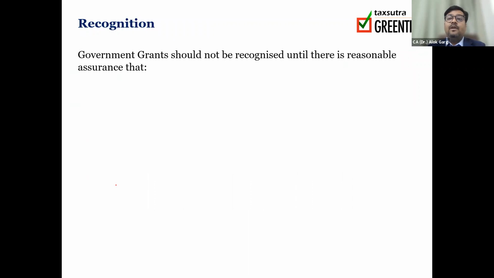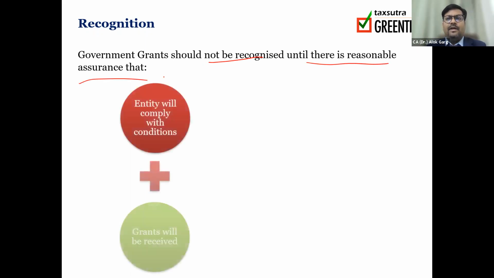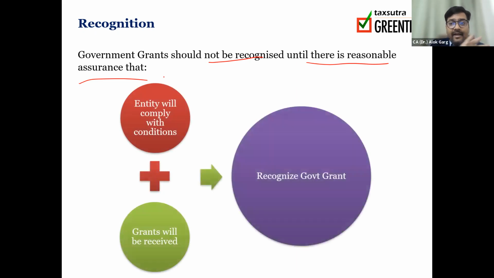Recognition, sir. When will the grant received from the government be recognized? Is it recognized when the money has actually been received, or can it be recognized even though the money has not been received? So the answer is government grant should not be recognized until there is a reasonable assurance. So it is a reverse definition. I don't know why the standard has given a negative definition.